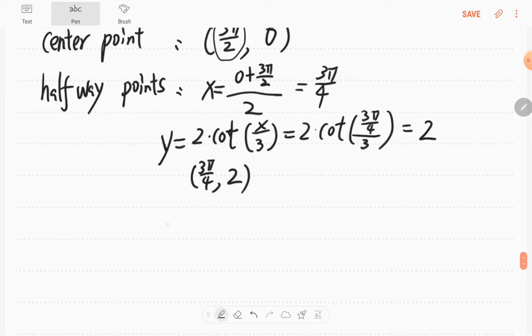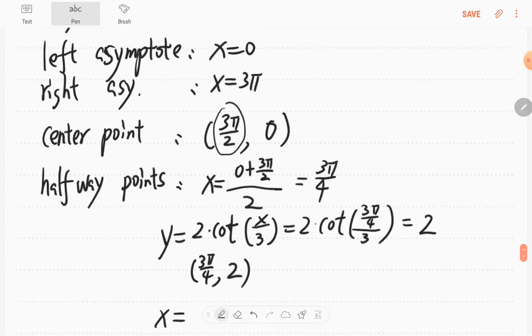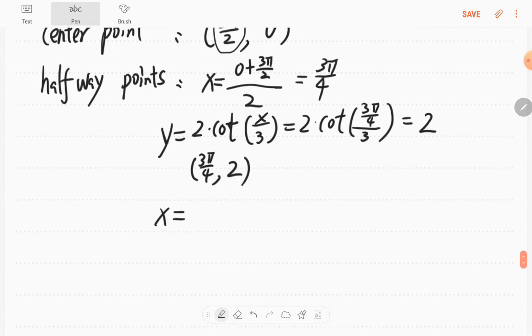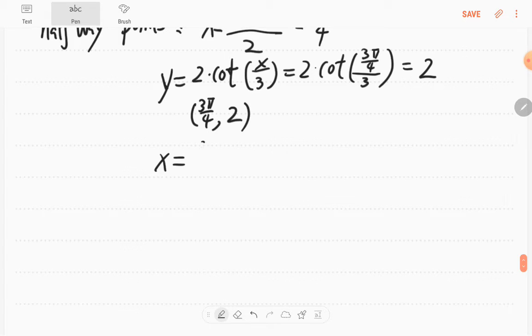Another halfway point is the middle point between 3 pi over 2 and 3 pi. Which is 3 pi over 2 plus 3 pi, divided by 2, right? So this one is 9 pi over 4, right?